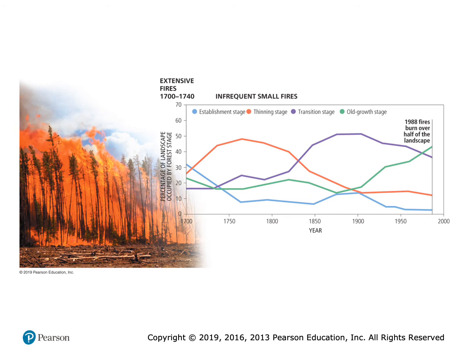And then just prior to the extensive 1988 Yellowstone fires, old growth forest patches had become the most abundant forest stage on the landscape. Those old growth forest patches would provide great kindling and great firewood for forest fires. So you can kind of see the cycle of fires and how it changes as it goes through the different stages of forest development.